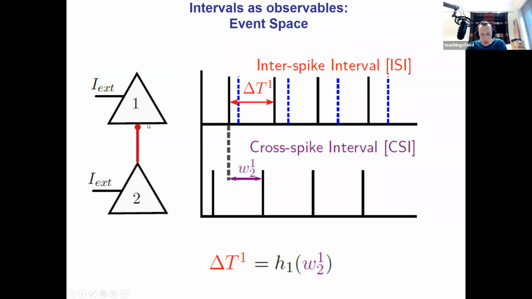In other words, it's influenced by the coupling. The more coupling, the more it might change this, for example. So the main assumption is there's some smooth function, H1, which maps the cross spike interval into the interspike interval.